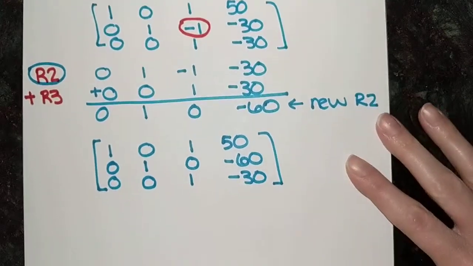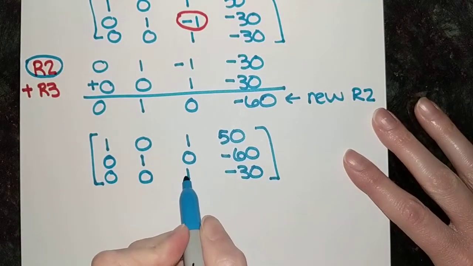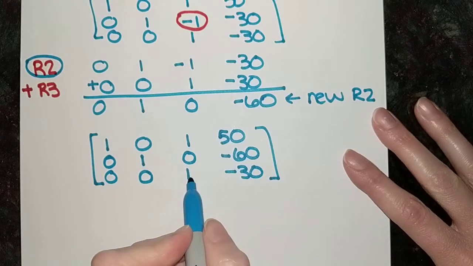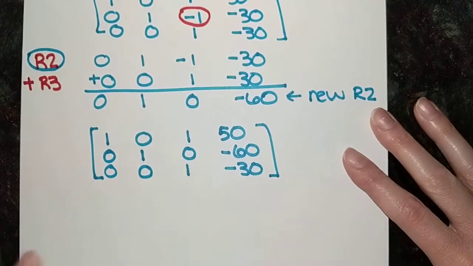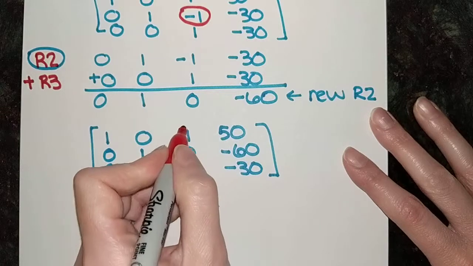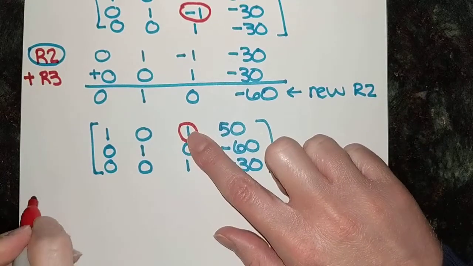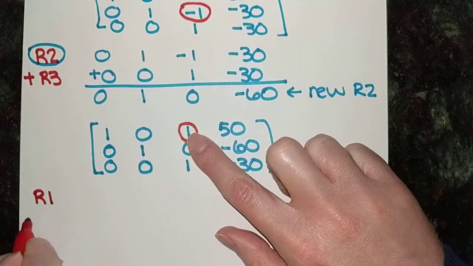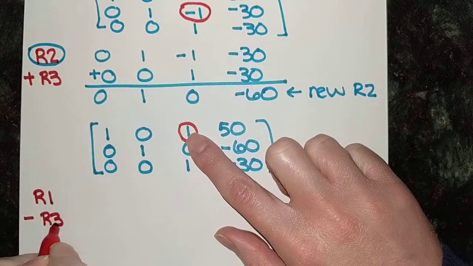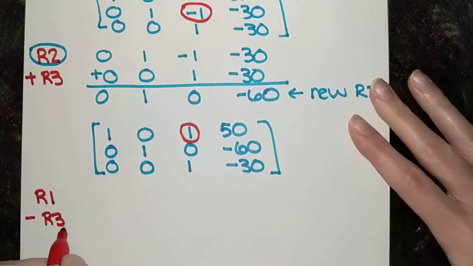Okay, now again, remember we're focused on row 3. We're trying to get our leading 1, which we have, and then zeros above it. We have the 0 now in row 2, but we need another 0 in row 1. So we're going to start with row 1, and we're just going to subtract row 3 from it to get the 0.